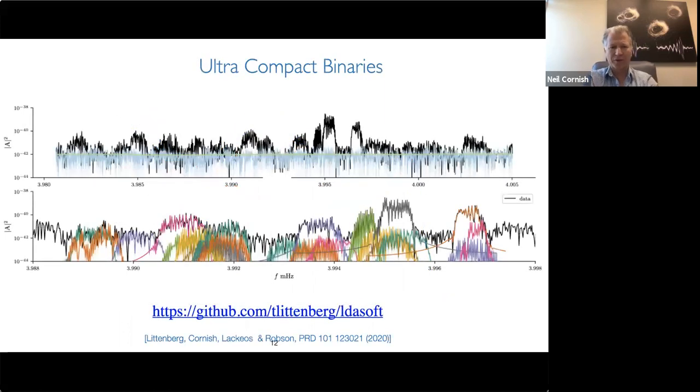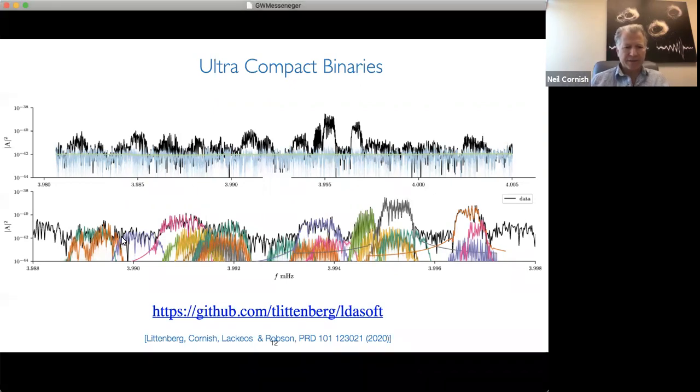Here's a more pertinent example from the LISA data analysis. This is an analysis conducted in collaboration with Tyson Littenberg, Kristen Lackeos and Travis Robson, where we have the simulated data from the so-called Radler data set in the LISA data challenge. This data set just had simulated instrument noise and galactic binaries.